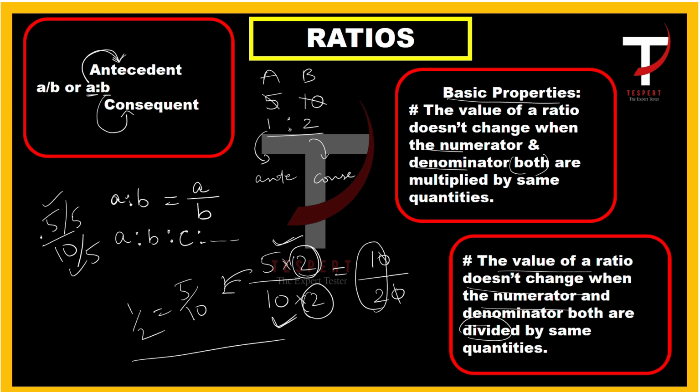Before division, what was the ratio? 5 by 10 means 1 by 2. After division, it will be 5 by 5 divided by 10 by 5. The 5s cancel, and 5 twos are 10, so 1 is to 2.